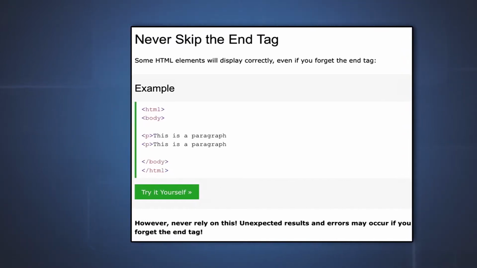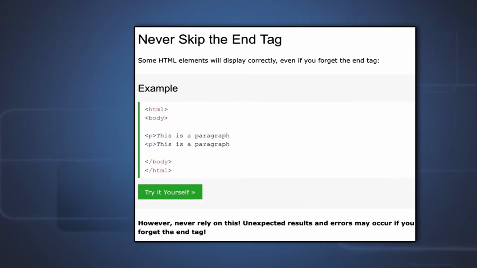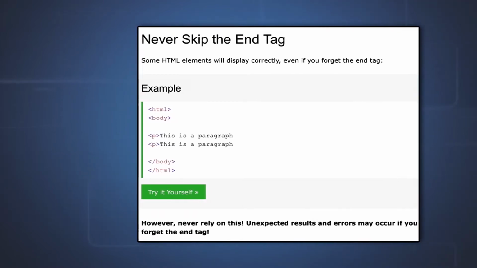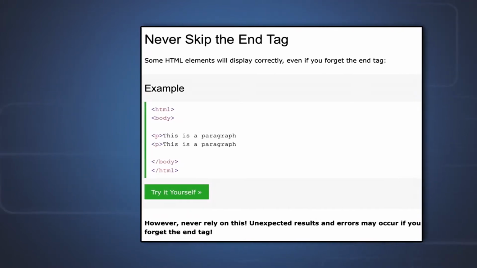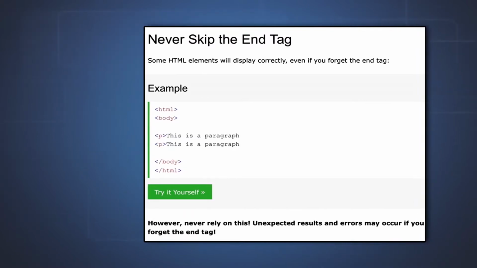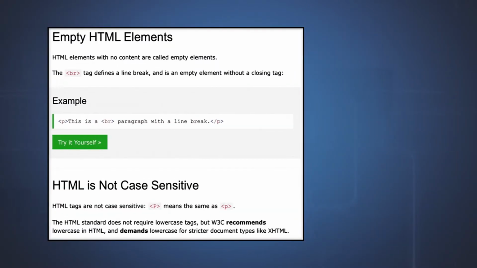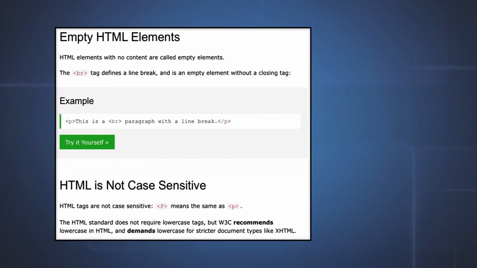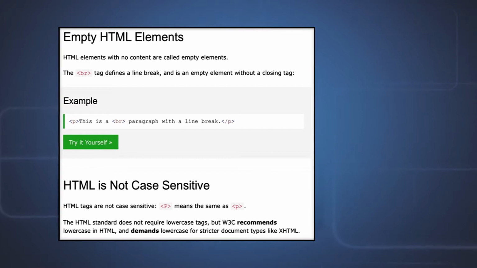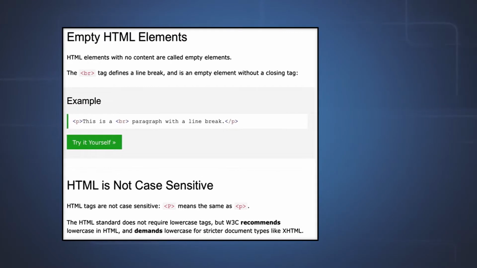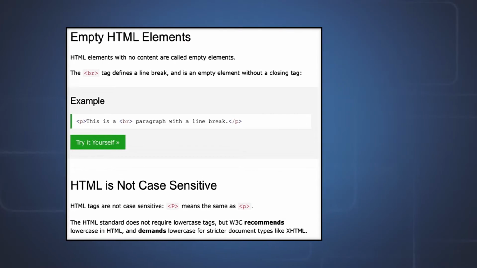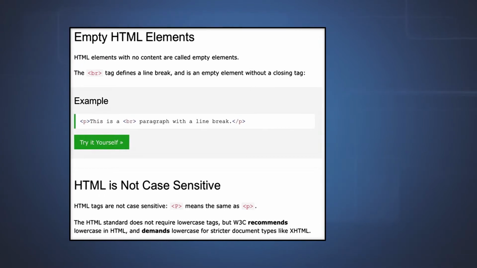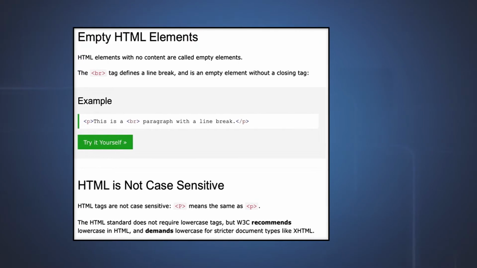And also never rely on unexpected results, because unexpected results and errors may occur if you forget the end tag. Empty HTML elements: I have already told you one example, that is the BR tag. Basically the BR tag defines a line break and is an empty element without a closing tag.